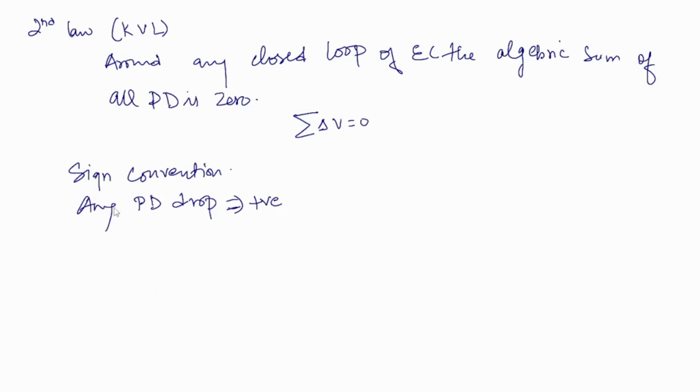But I will be taking any potential drop as positive, and any potential rise as negative. You can also take it the other way around. You can do it by both methods. So this is Kirchhoff's voltage law.